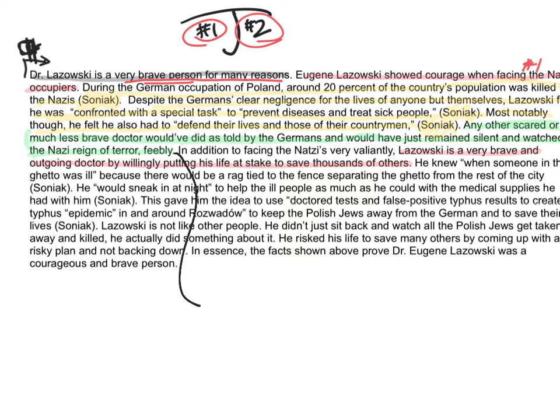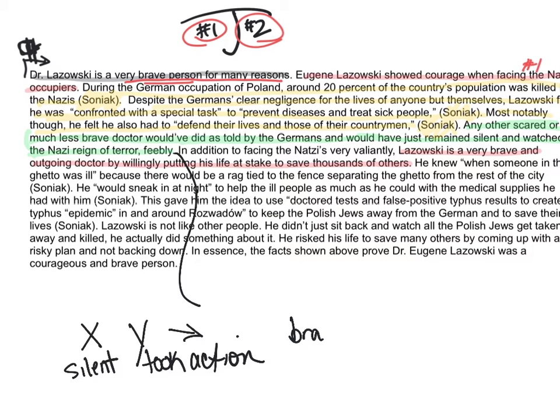When you are doing contrast, you have to say others would have done X, but then you have to tell me our guy did Y, therefore our guy has this trait. So other doctors would have remained silent, but now you need to follow that up with Dr. Lazowski took action. Therefore, he is brave compared to what most people would have done.